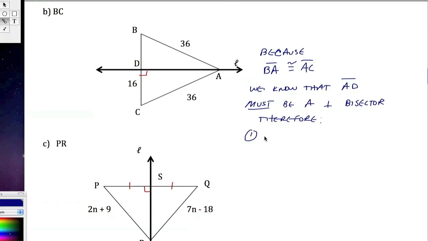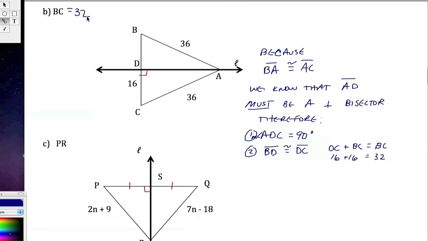One, the measure of angle ADC is 90 degrees. And two, BD is congruent to DC. So therefore, if DC plus BD equals BC, then that would be 16 plus 16 is equal to 32. So BC equals 32.